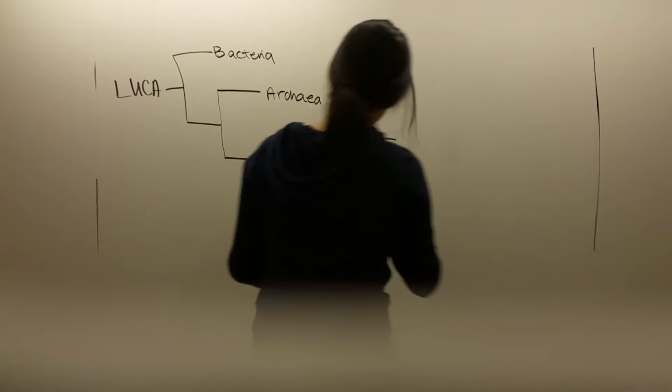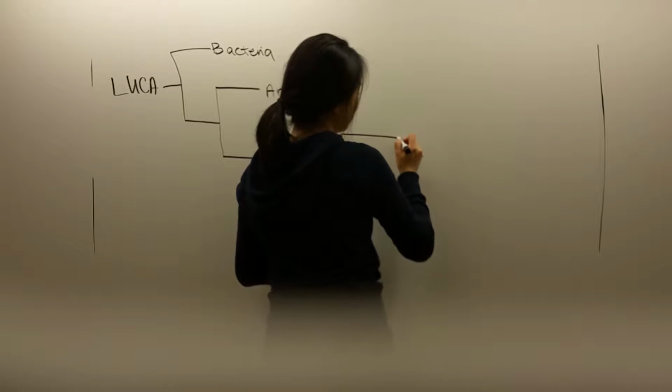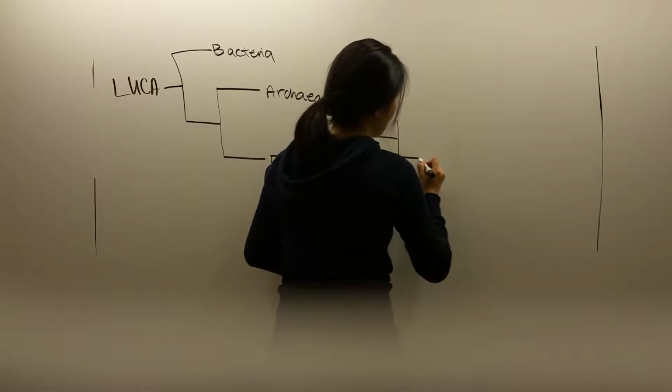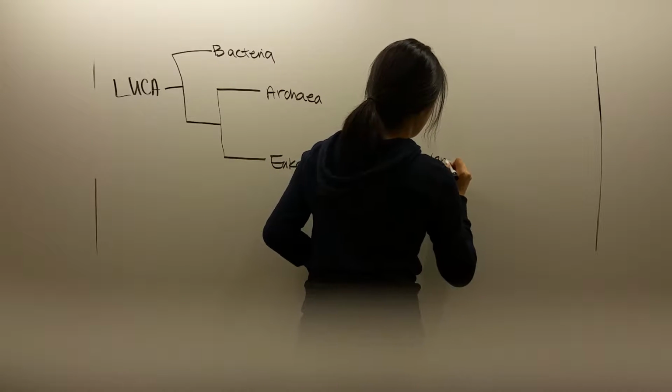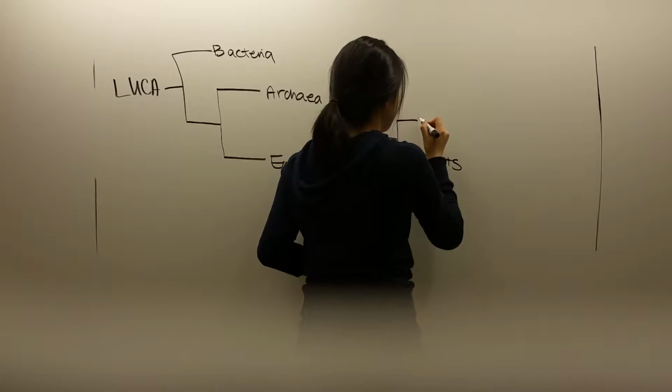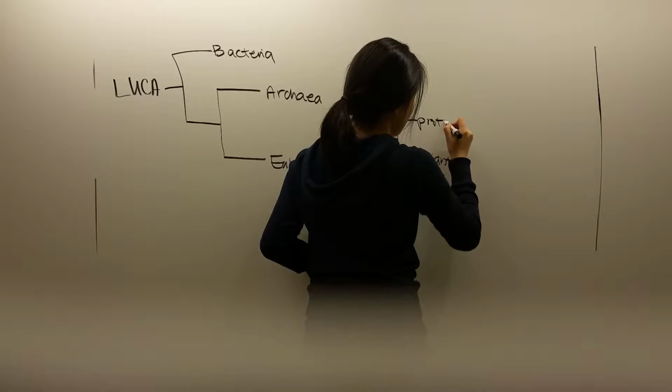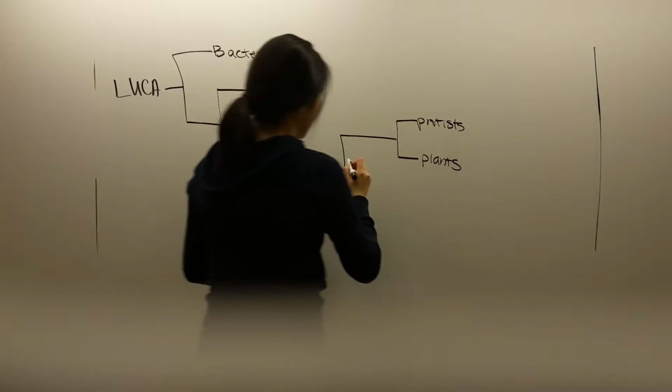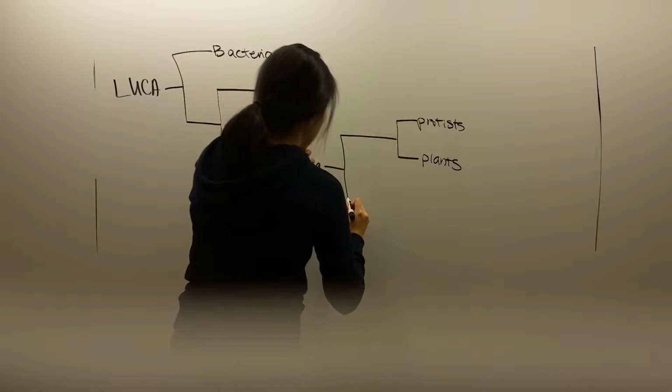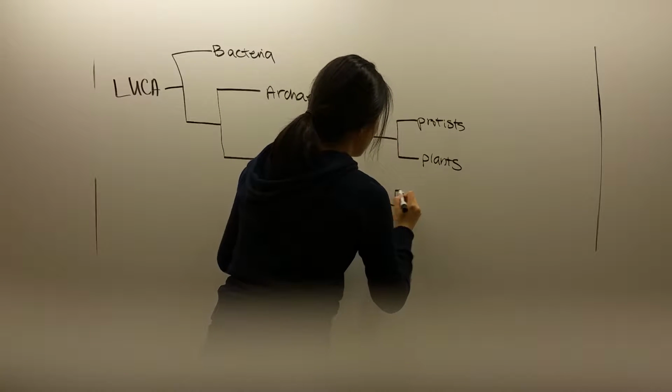But you have plants. I know that you have plants and protists here. I mean, I could be wrong. And then you have a third branch of protists, but I won't put that there because that's annoying.